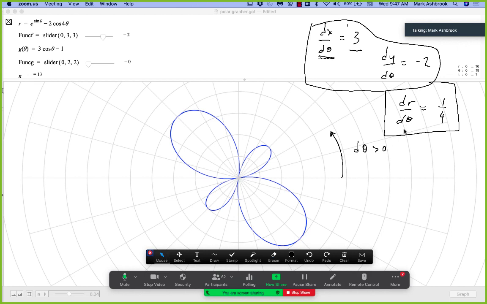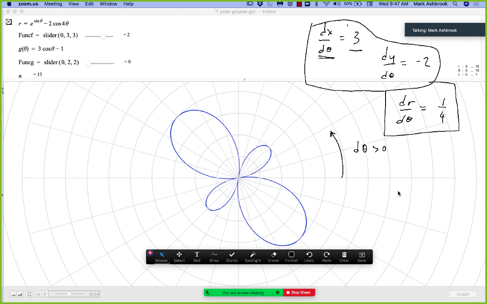So you pick a small change in theta, and the resulting change in r would be 1/4 as much. This equation characterizes our meaning for that number, the rate of change.